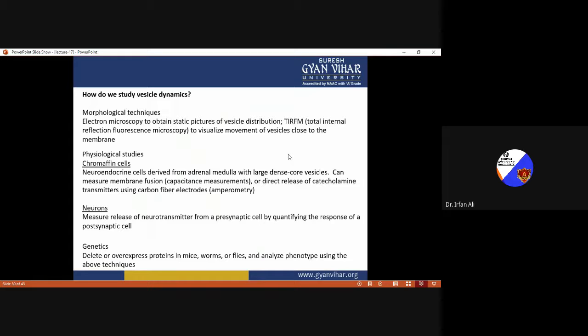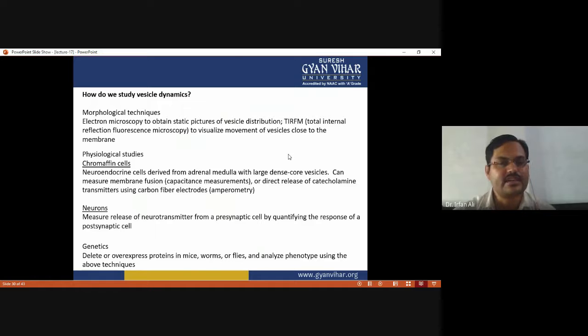The third is neurons, which measure release of neurotransmitter from presynaptic cells by quantifying the response of postsynaptic cells. Now the genetics include deleted or overexpressed proteins in mice, worms, and flies, and analyzing the phenotype using the above techniques. So this is how we can study vesicle or synaptic vesicle dynamics.